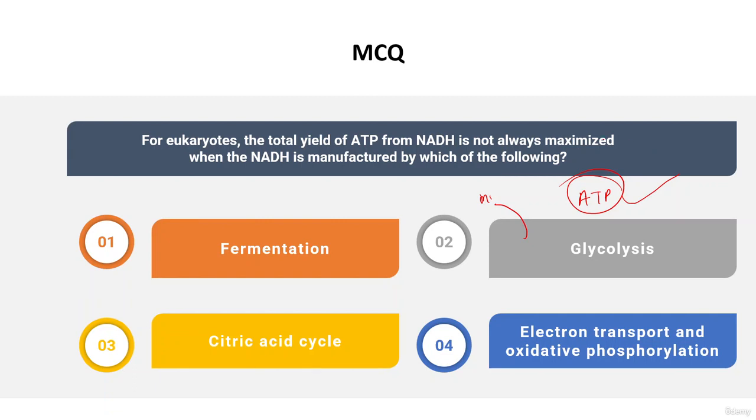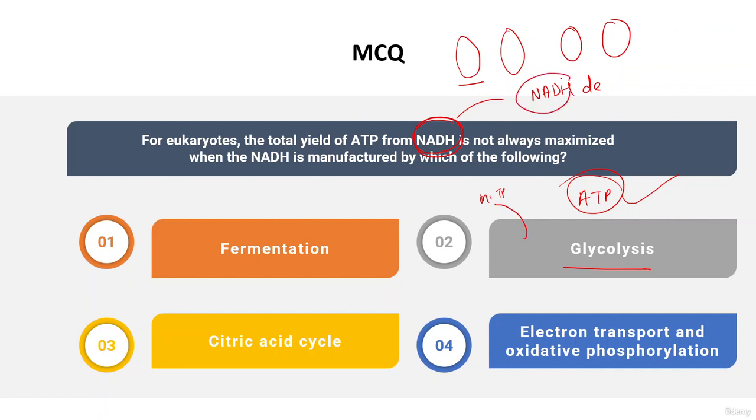Sometimes the NADH produced skips over the NADH dehydrogenase. We all know now that in the ETC there are four complexes present. First is the NADH dehydrogenase complex. So it is not always true that the glycolysis product will go to the Krebs cycle and produce NADH and FADH2, and that NADH will go to the electron transport chain and produce more energy.